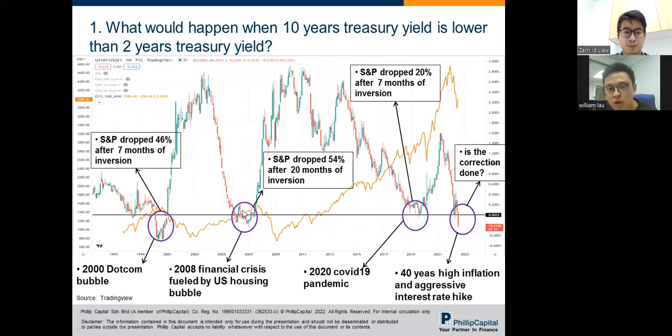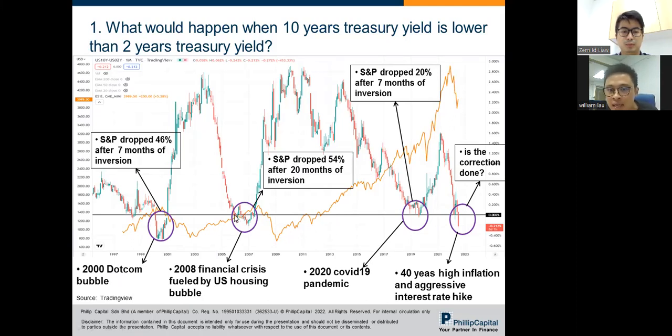Now, let's move forward to the next crisis after the dot-com bubble, which is the 2008 financial crisis, caused by the US housing bubble. If you look at this, the S&P dropped 54%, 20 months after the inversion. The black line here is zero. The moment it went below this line, it means the 10 years treasury yield is lower than the 2 years.